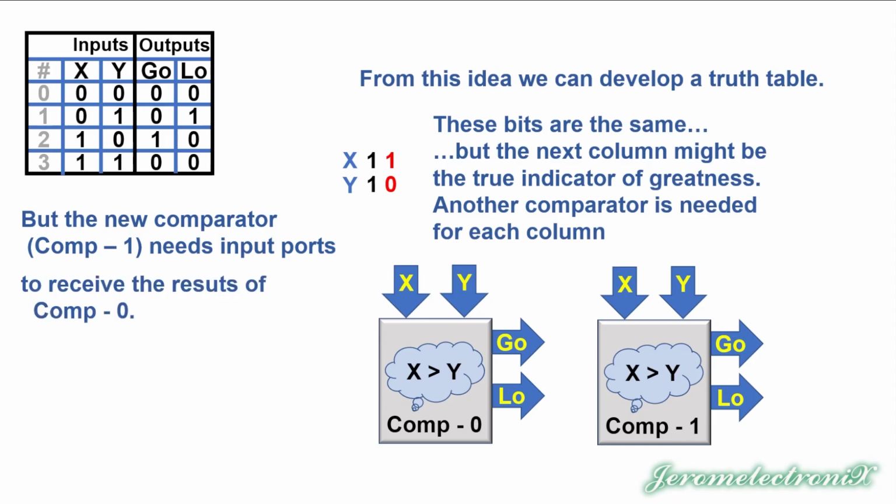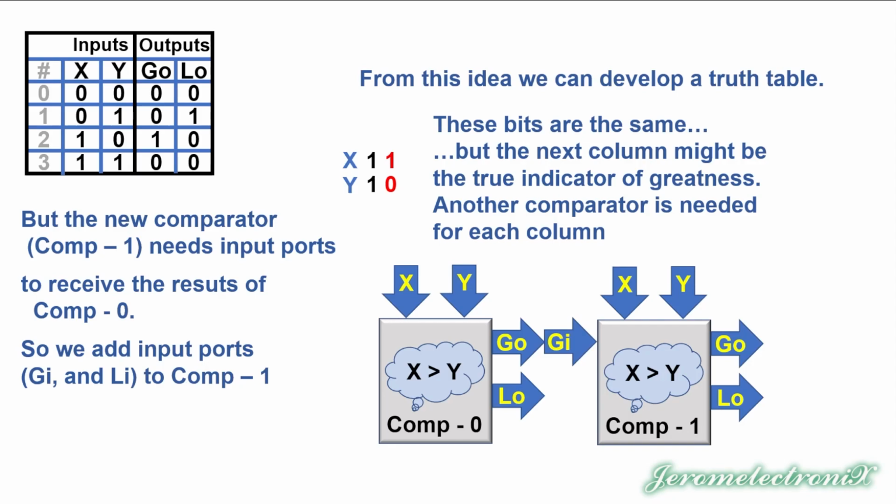So to receive the results of comparator 0, we're going to add some input ports to the new comparator, and we're going to call those greater than in and less than in, and they will receive the value from greater than out and less than out. And if they receive a 1 in either the greater than ports or a 1 from the less than ports, what they're supposed to do is pass that information through, and they don't actually have to compare x and y.